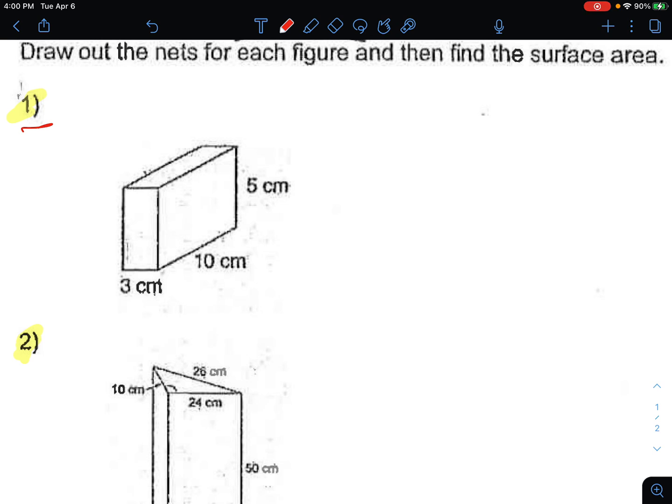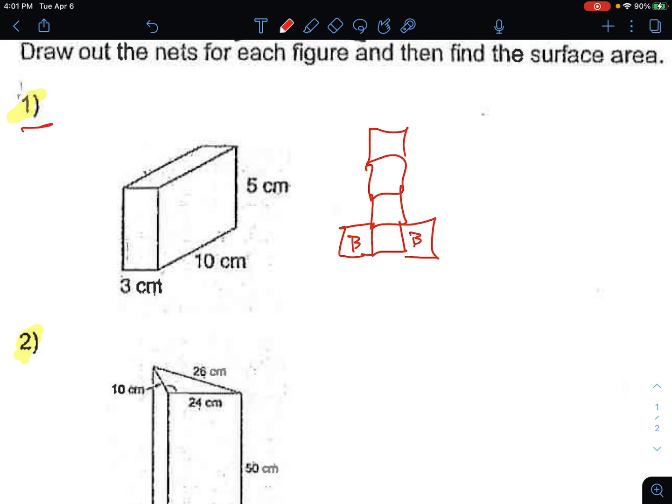It's a rectangular prism. So we can do the nets, something like this, and then we've got two bases, and then the four faces that go with the two bases. So this is a base, and this is a base, and the rest of them are faces.